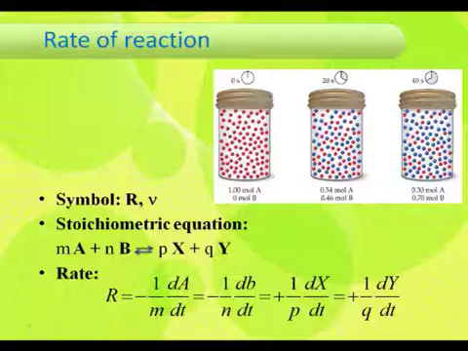The rate of the reaction can be shown as R equal to minus 1 over m, dA per dt.